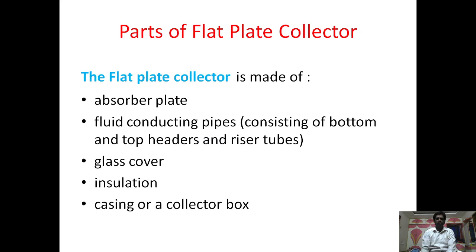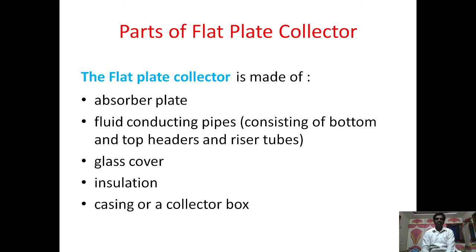The major parts of this flat plate collector: the flat plate collector is made up of an absorber plate, and that absorber plate is made of copper or some other materials, and matte black is painted on it to receive the solar energy.